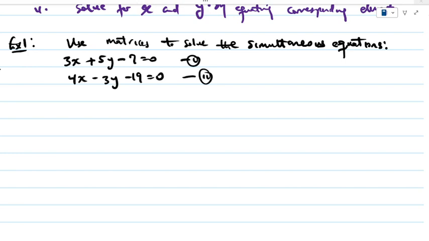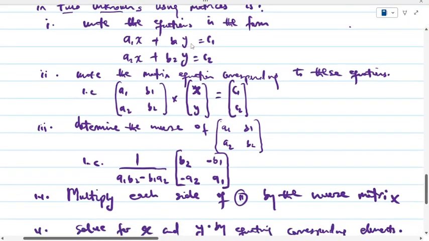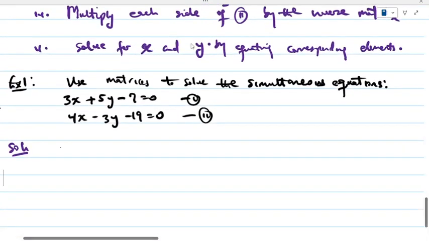So according to the rule, the first thing is to rewrite my equations in this form, whereby I take the constant to the other side. So I'm going to have 3x plus 5y equals minus 7 crossing over, that will give me positive 7. Then 4x minus 3y equals minus 19 to the other side, that will be positive 19.